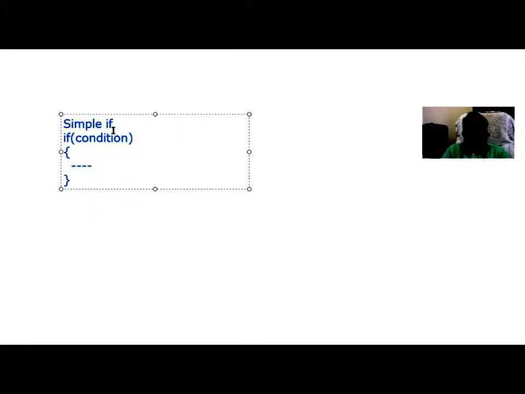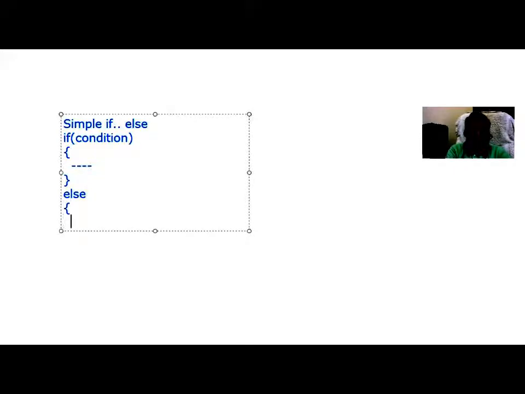Now let us go for the next structure, that is if else. This is just an extension of the first one. This is the second structure. If the condition is true, then this block will execute. If the condition is false, then the else block will execute. I'm not giving more details because it is just a revision.